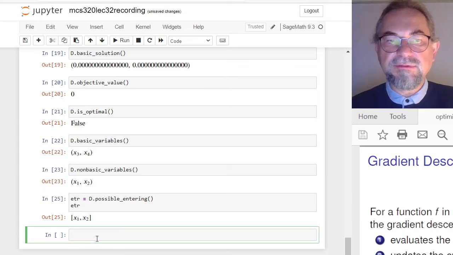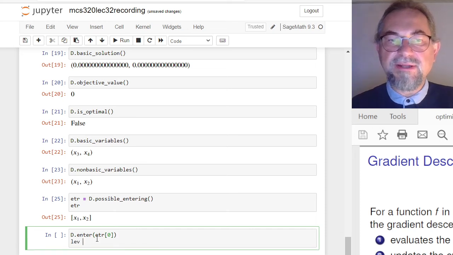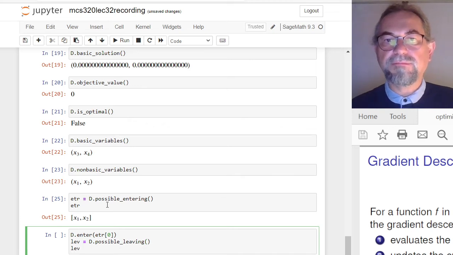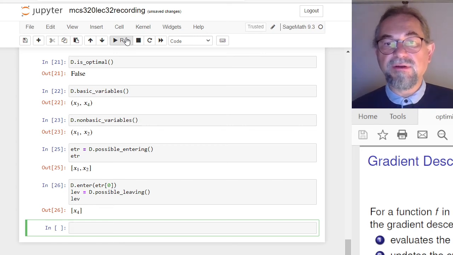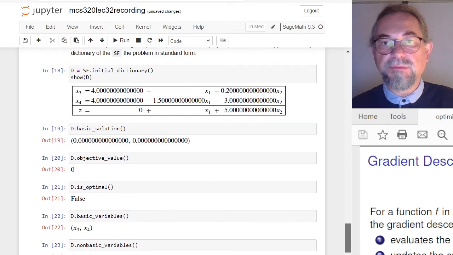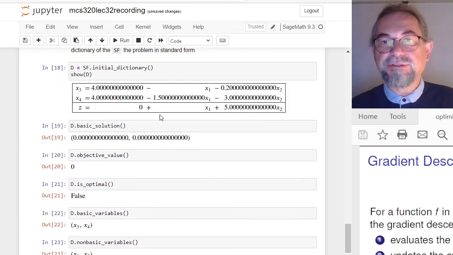I can also indicate, if the first variable enters, what is then the possible leaving variable. So I picked x1 for entering. If x1 enters, then x4 has to leave. And one can also view this from the dictionary here.